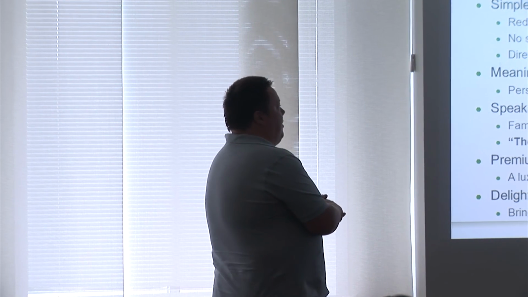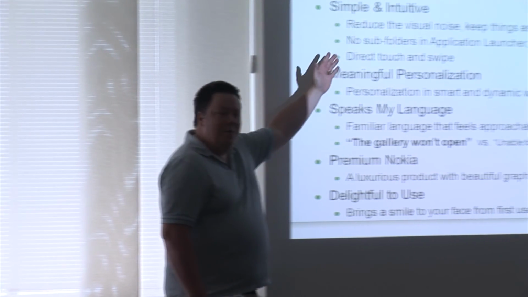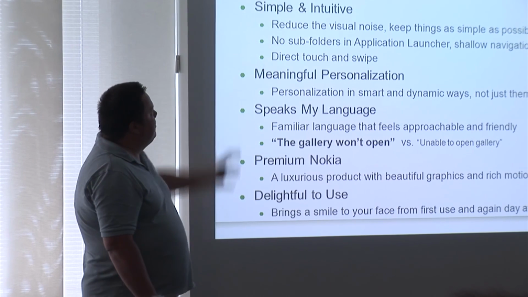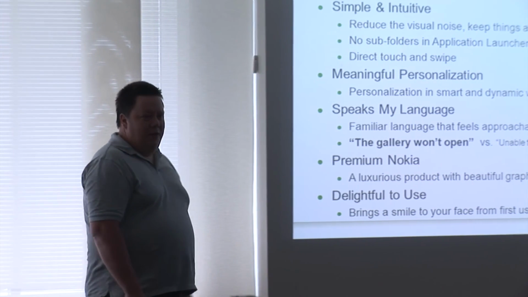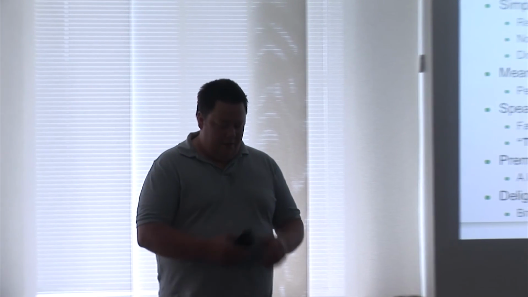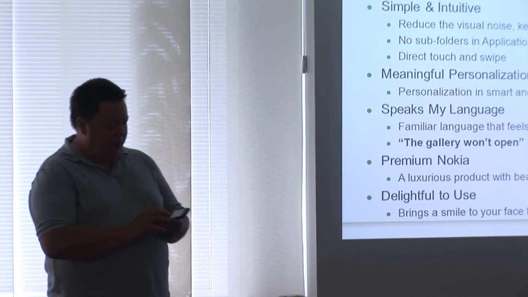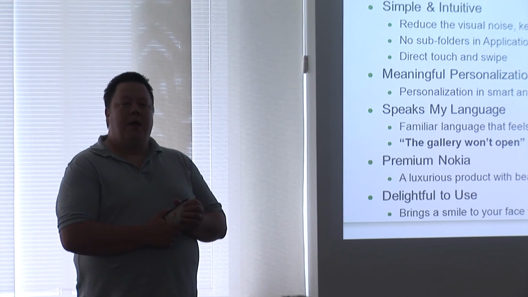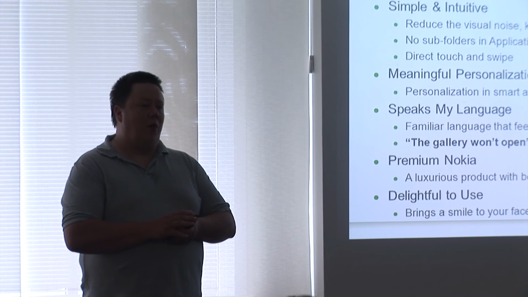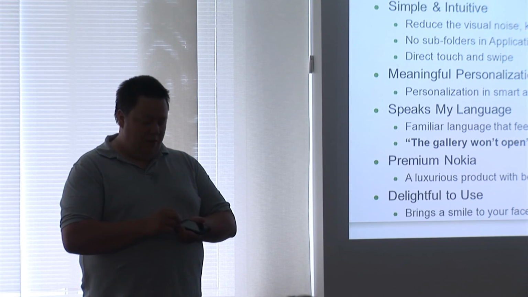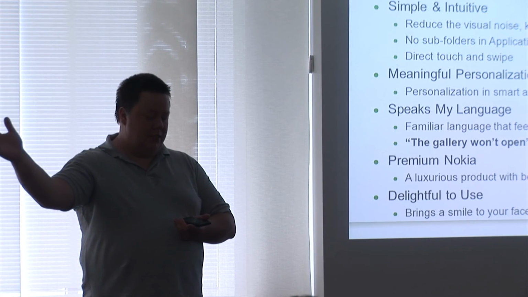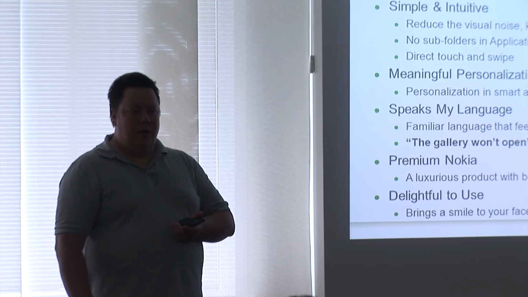Some principles which are met by MeeGo and which should be met by your applications. Simple and intuitive. What does it mean? I don't want to say anything negative about this Nokia N8, but if you receive a message, or if you receive a phone call, but you don't answer that immediately, you just press a button and the dialogue which tells this notification disappears.